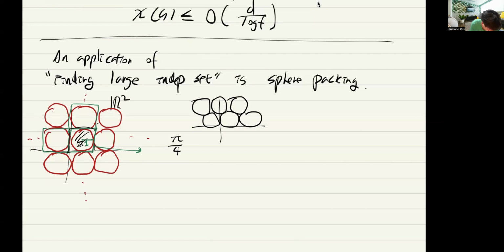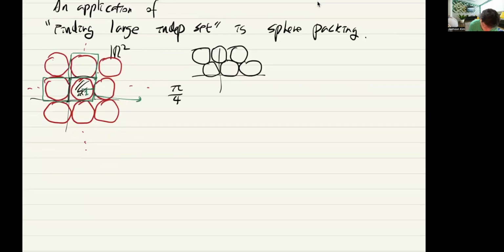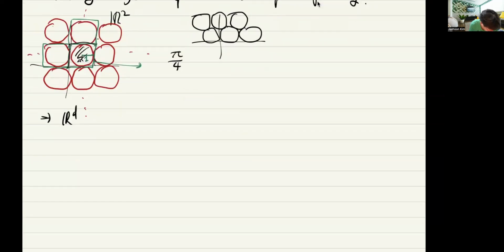That's a very critical question. And you can ask it for R^d. In R^d, you consider a collection of unit balls and you want to put them in a way that their interiors are pairwise disjoint.